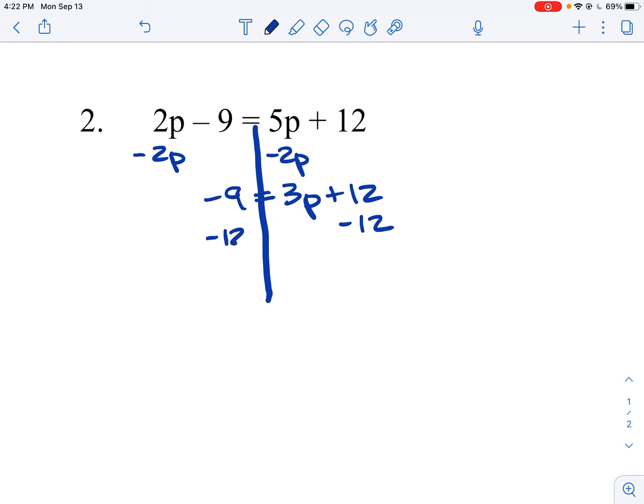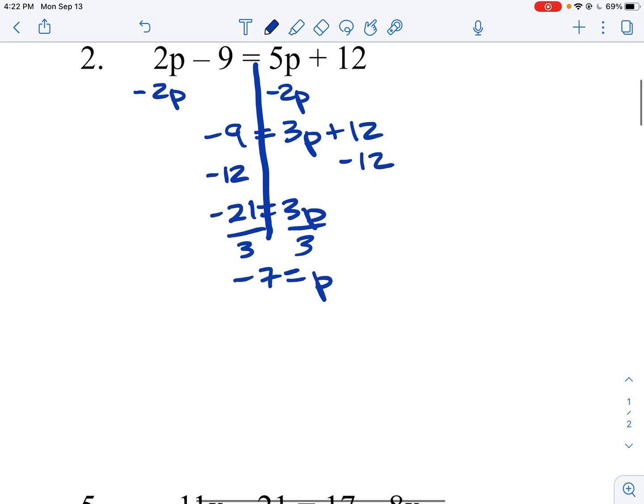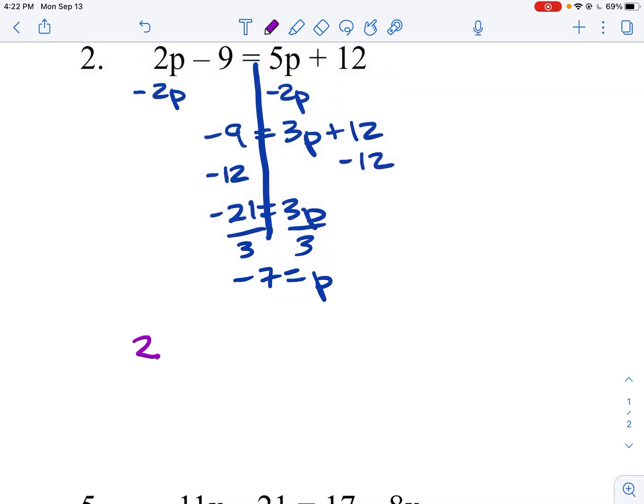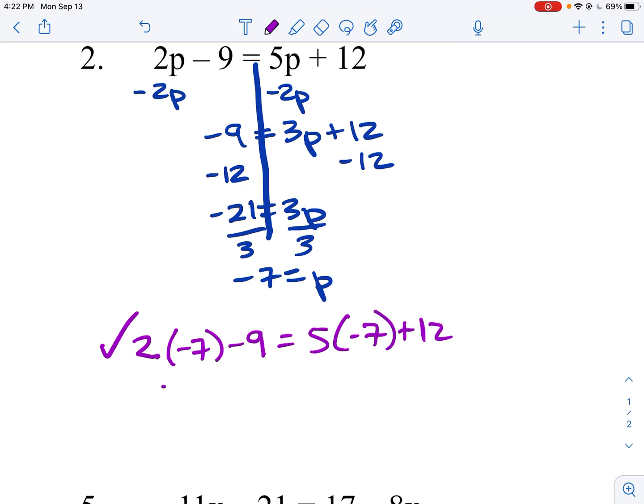Now I do this just like the two-step equations, and I get negative 21 equals 3p. Divide by 3, and get negative 7 equals p. Then you check your answer by plugging it back in. 2 times negative 7 minus 9, does that equal 5 times negative 7 plus 12?